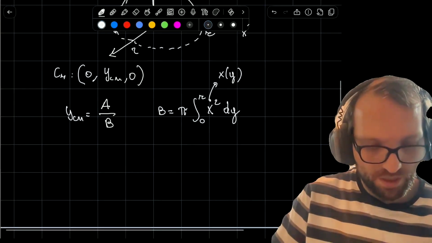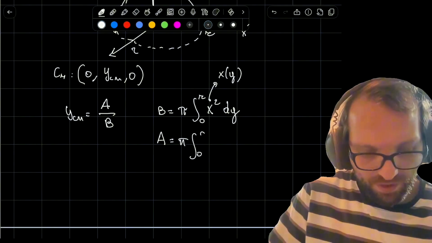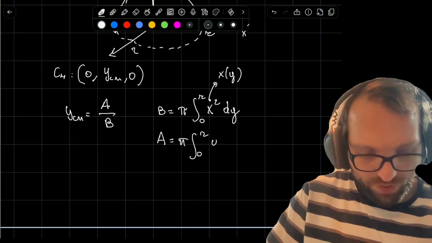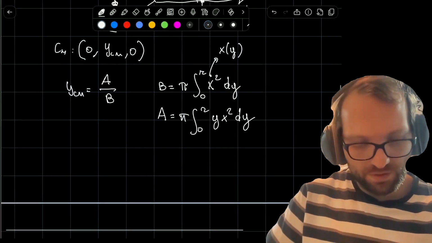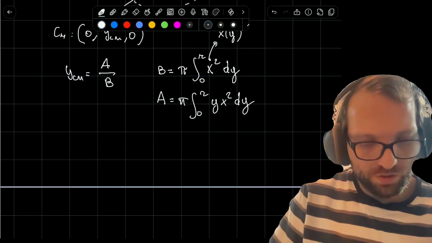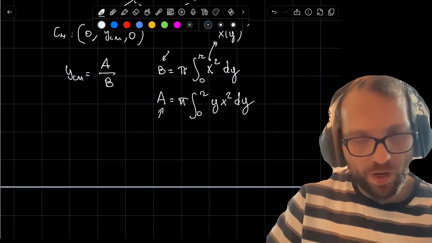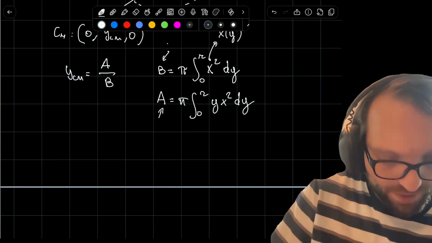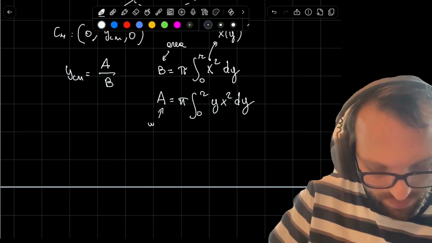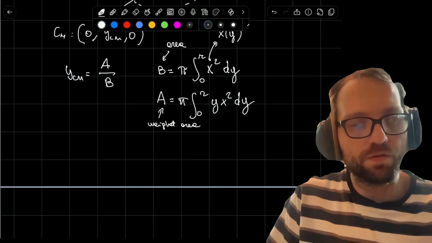And A is very similar, but we also have a y here. So this is the volume, and this is the volume weighted by the y-coordinate. This is like a geometric center of mass.